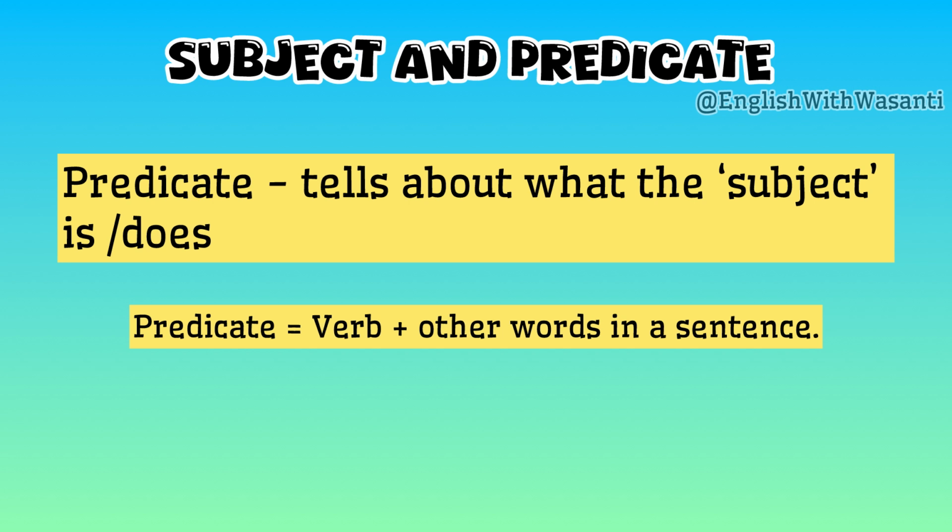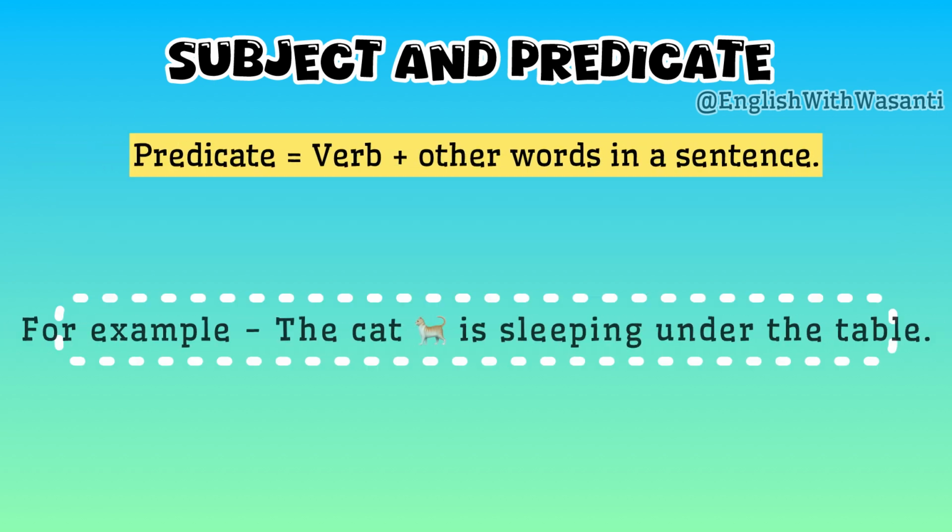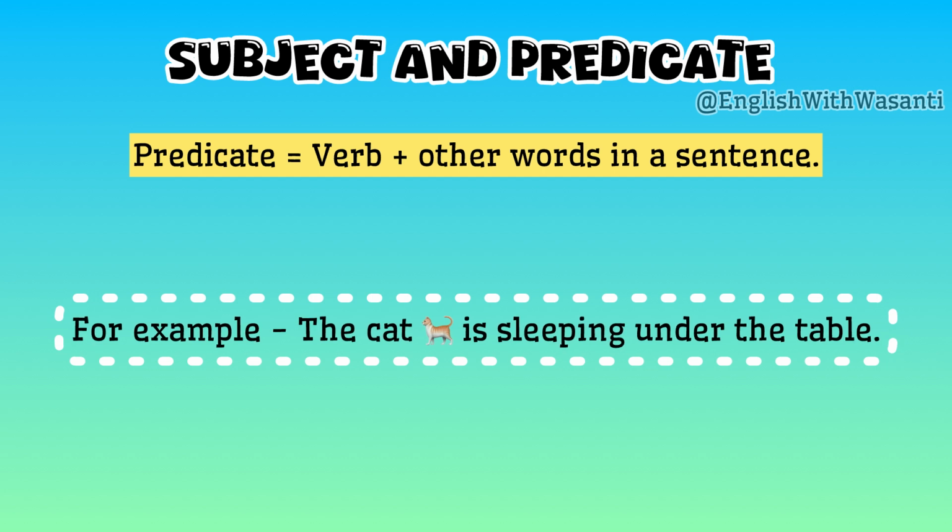I'll elaborate on this more for better understanding. Predicate is that part of a sentence which gives or provides information about the subject, telling us what it does or what its state is. Okay, let's understand this with the same example. The cat is sleeping under the table.